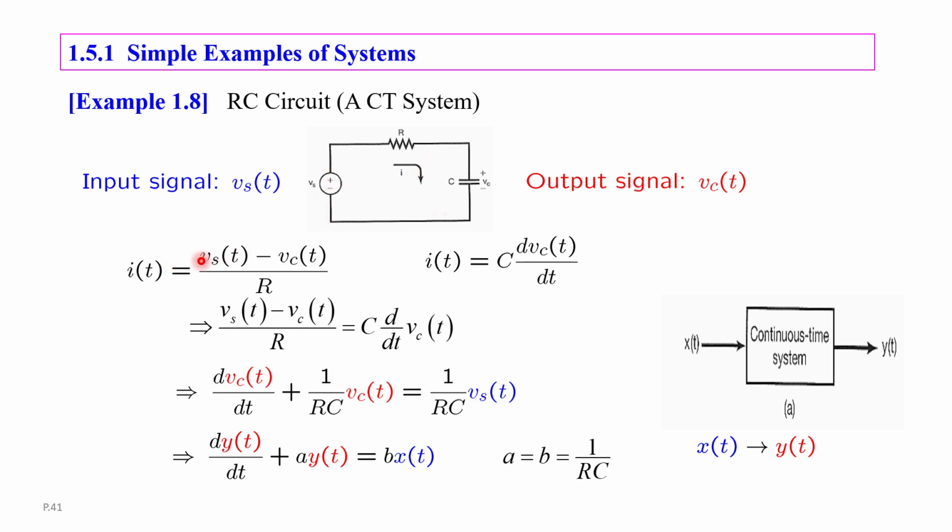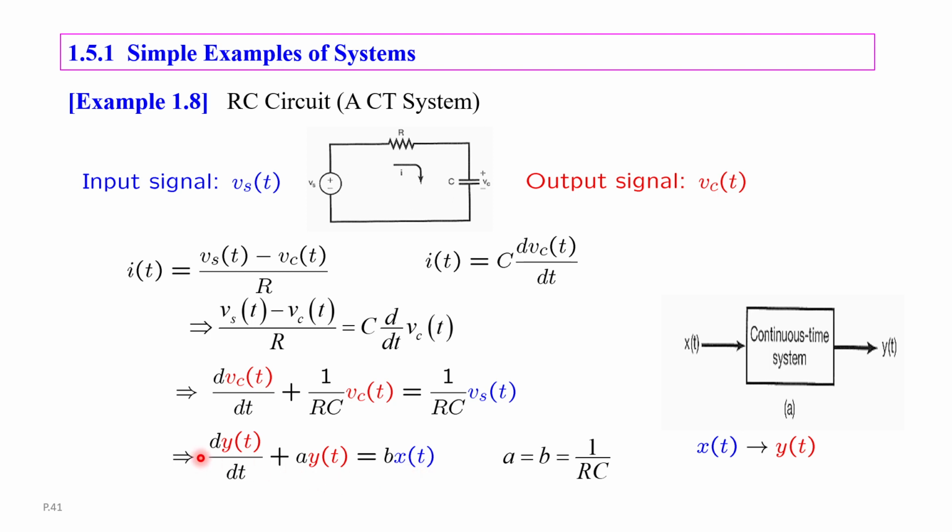So there is a current over here, and the current is the differential of the voltage here. Then you can write down the differential equation, and at the end you find that your system satisfies this relationship. Your output signal, we write as y.